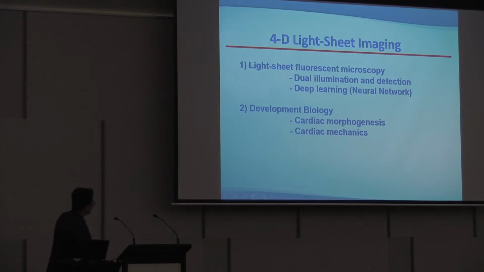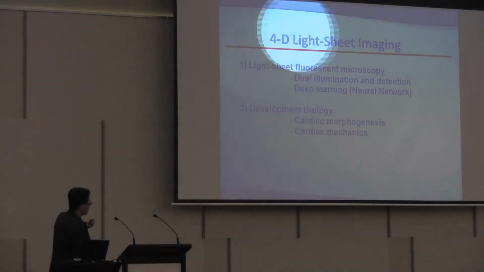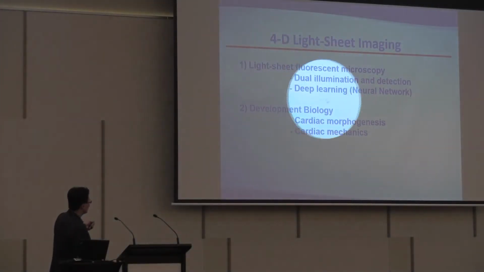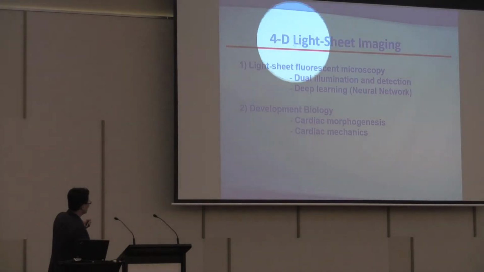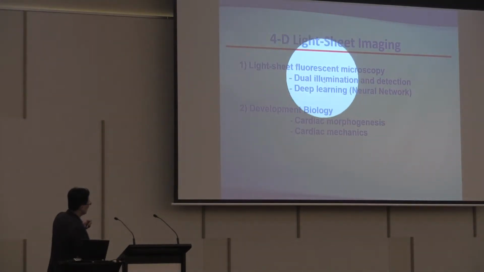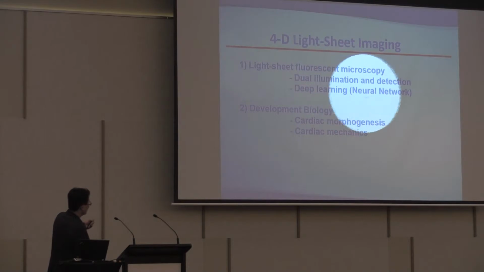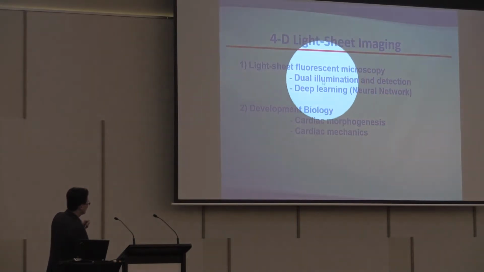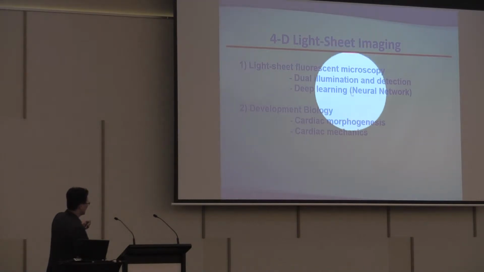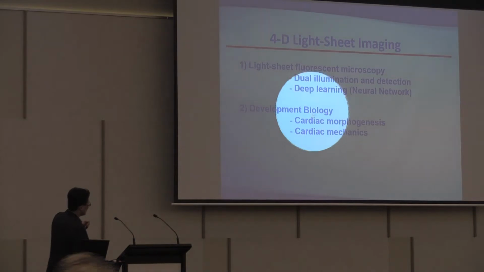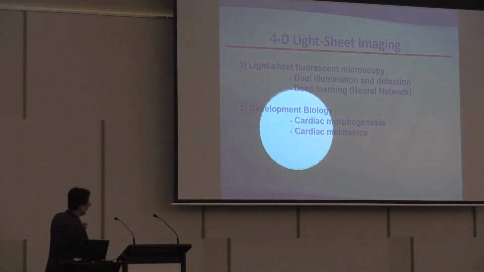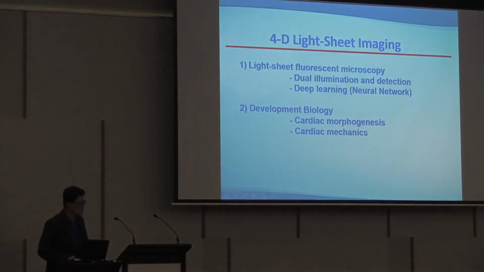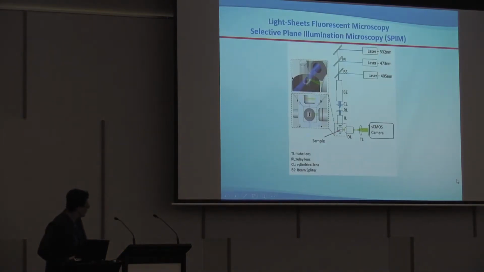The first part we'll share, because a lot of people in this audience have been working with light sheet fluorescence microscopy, is our home-built dual illumination and detection system, followed by deep learning approaches to address big data and other imaging modalities. This technology provides a basis to visualize cardiomorphogenesis and cardiomechanics.